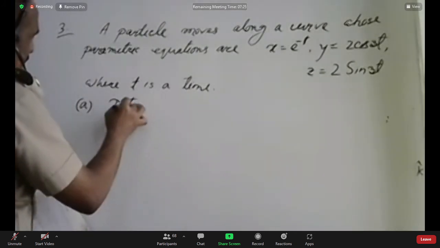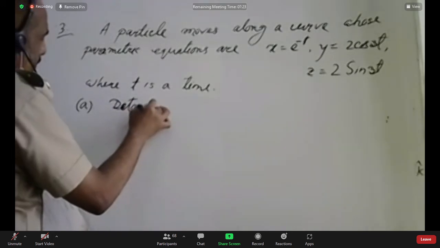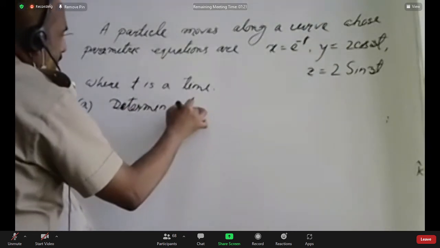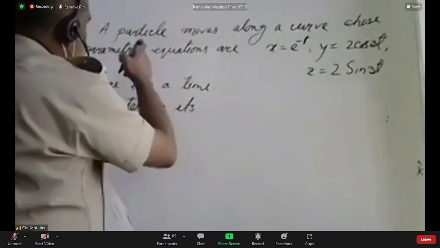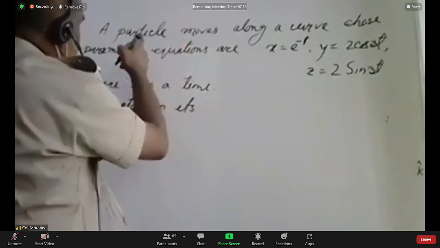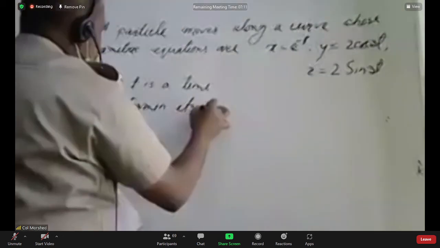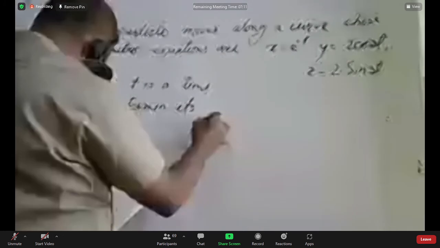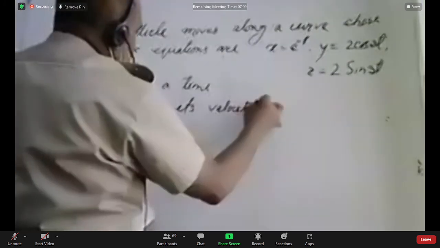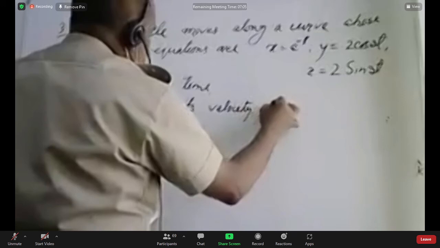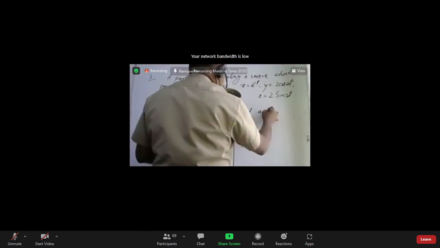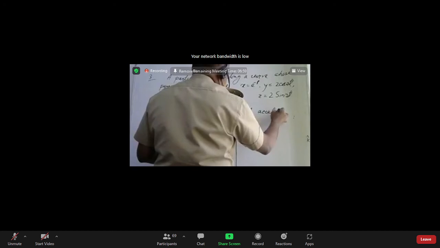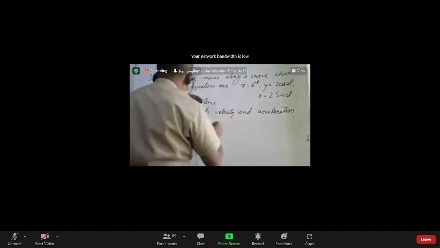Determine the velocity of this particle, its velocity and acceleration at any time t.